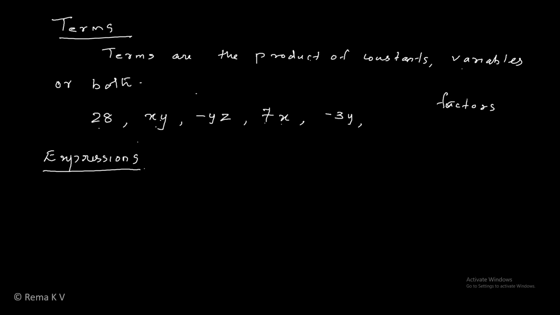Factors of a term. See now, when you consider this 28, you know that the factors of 28 are 1 and 28, because 28 can be written as 1 into 28. Or you can write this 28 as 2 into 14. So 2 and 14 are factors of 28. Or you can write this as 4 into 7. So 4 and 7 are factors of 28.